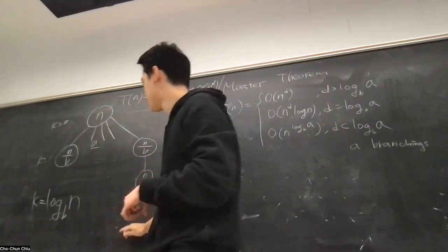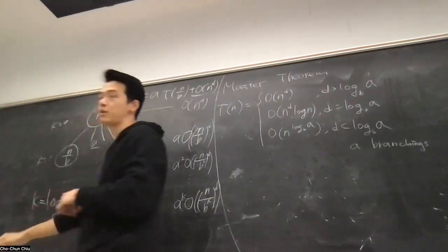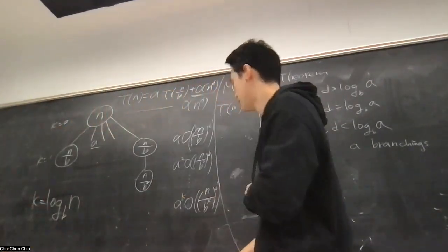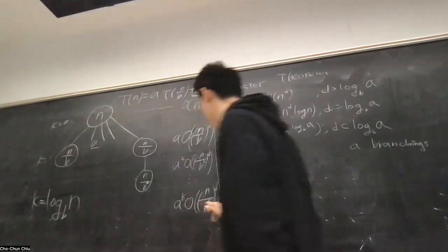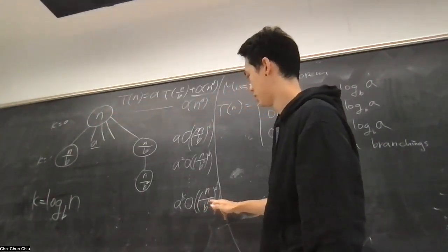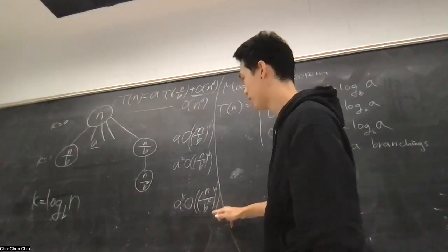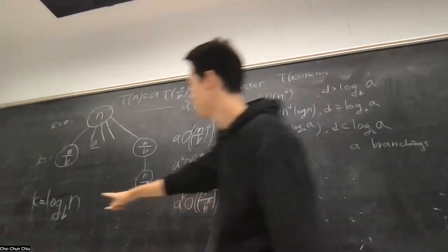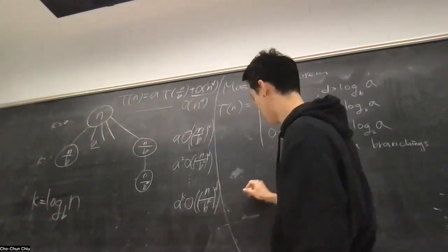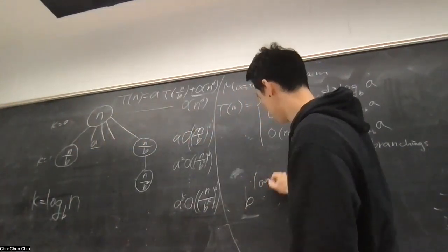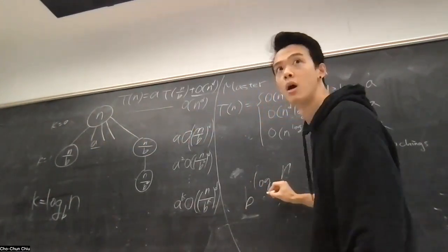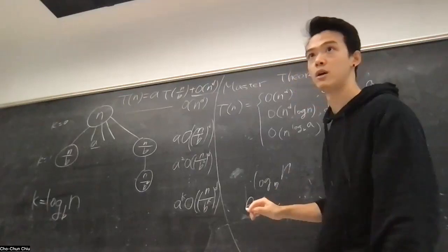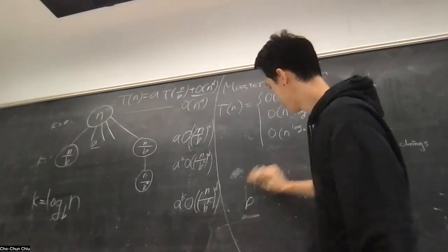So eventually, that's the number of layers we have, right? So if we plug in this k into here, what is b to the log base b of n? That's basically n, right? Okay, so that's n.